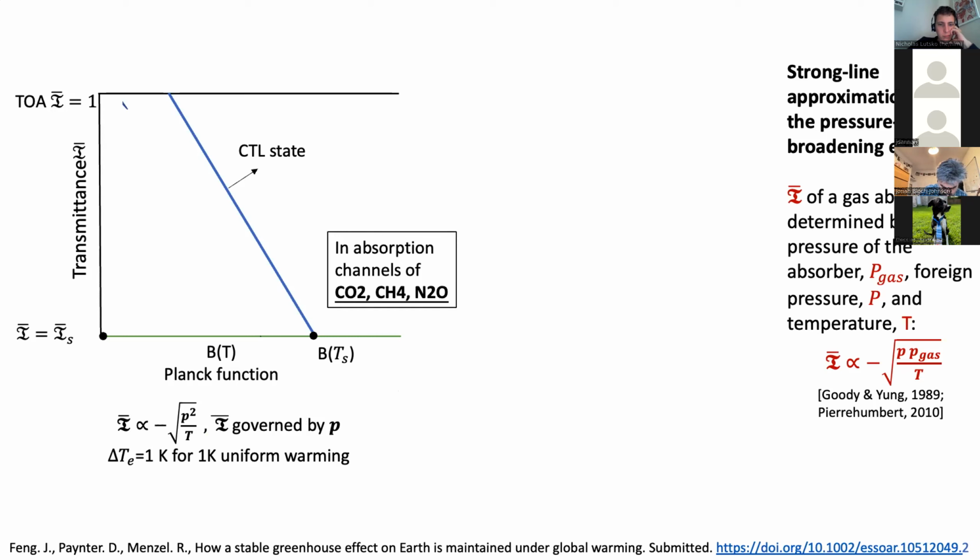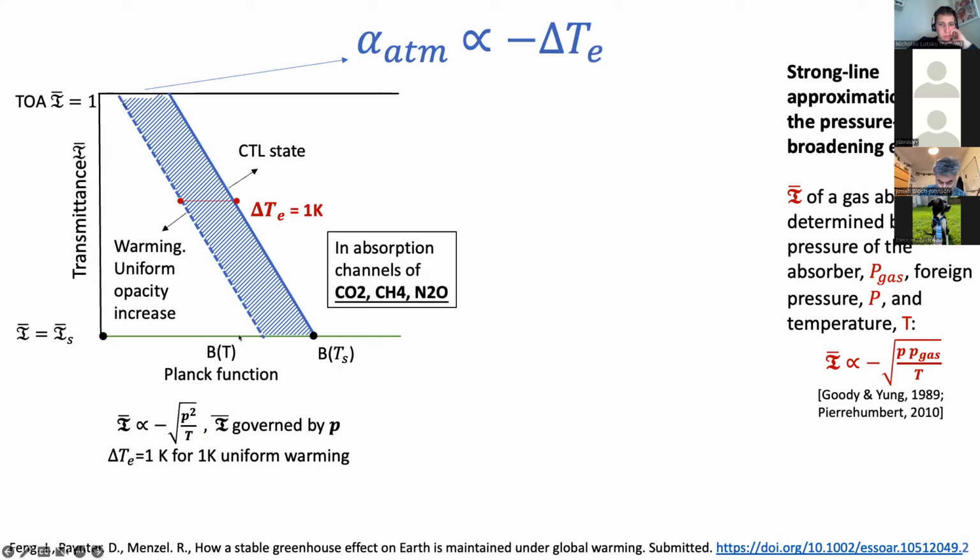So if the surface warms up by 1 Kelvin, we expect to see the line in transmittance-temperature space shift left by 1 Kelvin. And this shifted temperature is marked as delta T sub B. And the difference between the two lines, marked in the shaded area, after integration equals the atmospheric feedback. And it is proportional to delta T sub B.